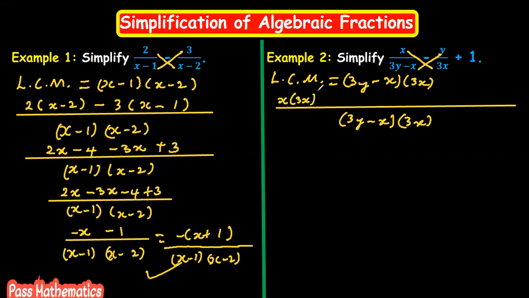But don't forget this sign, it is a negative sign, y brackets 3y minus x brackets, and then this is plus 1, we write it here. This plus 1 will multiply all the LCM, everything here. So we will write it as this, 3y minus x brackets close, and then this multiplied. See?